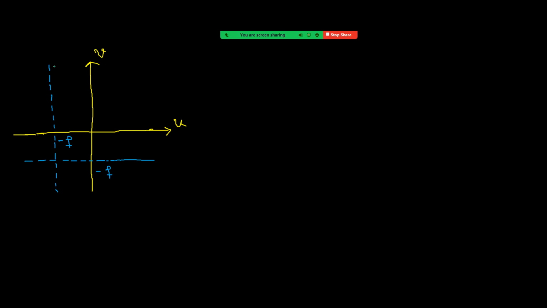Graph is now, it comes approximately like this. And next coming to the third quadrant, graph will be, so this is now the UV graph for concave mirror. This is for concave.